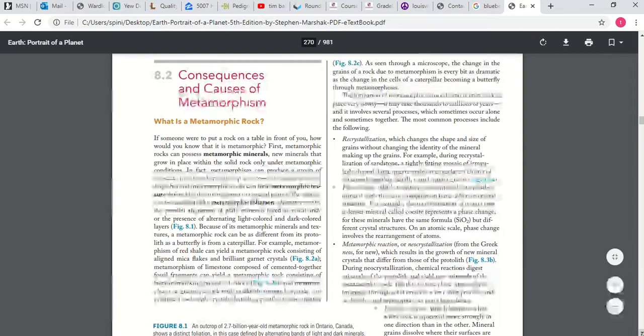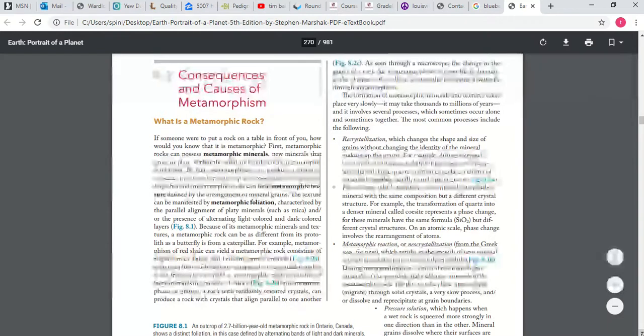So those are the two basic ideas that we're talking about here, and your book goes into a little bit more detail, talking about recrystallization, phase change, metamorphic reaction, all these sorts of things having to do with what happens to the crystals themselves. Remember, when these minerals form within rocks, they are crystallizing, and because they are hot and they are cooling down, now we have a rock that is cooled down, but it's kind of being reheated, so it sort of regenerates that crystallization.